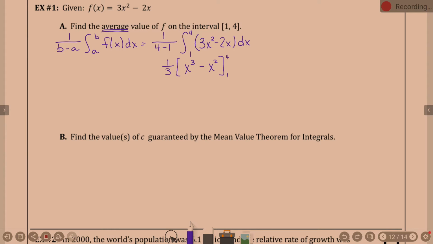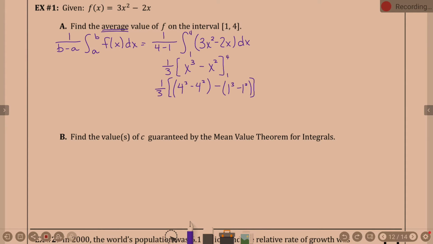You can do this how you want. I personally would just keep the 1/3 out front. We're going to evaluate the upper limit minus the lower limit. So 4 to the 3rd minus 4 to the 2nd, minus 1 to the 3rd minus 1 to the 2nd.